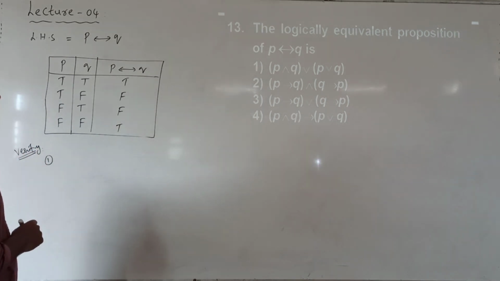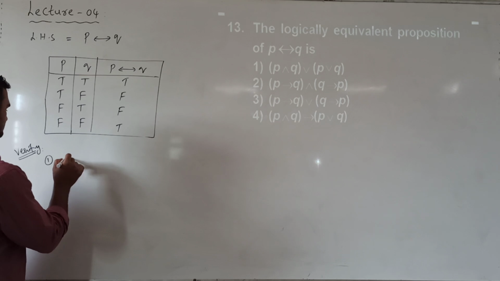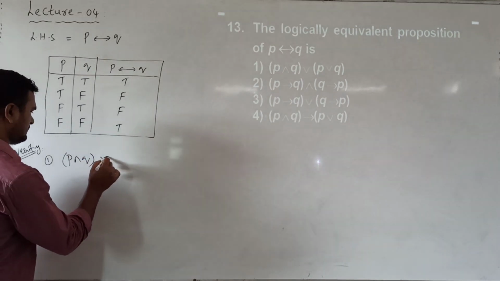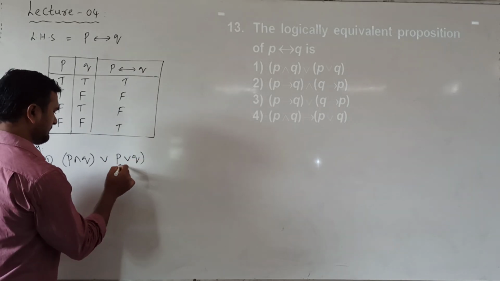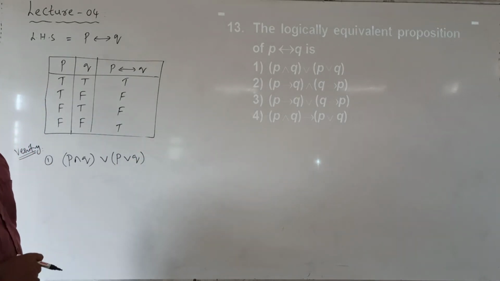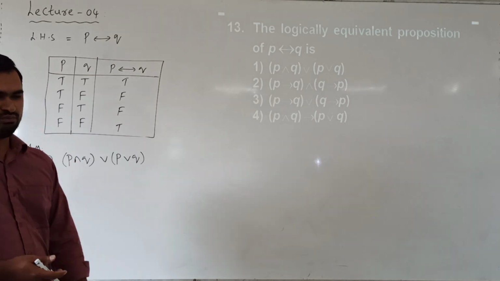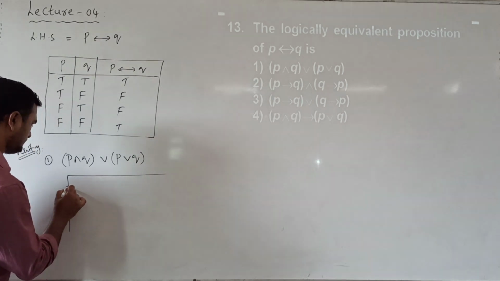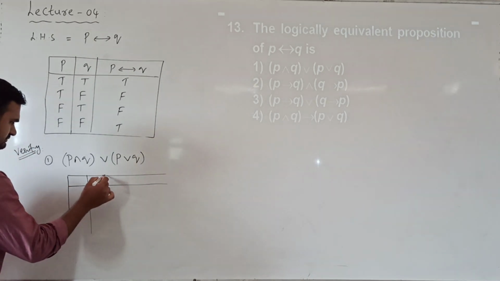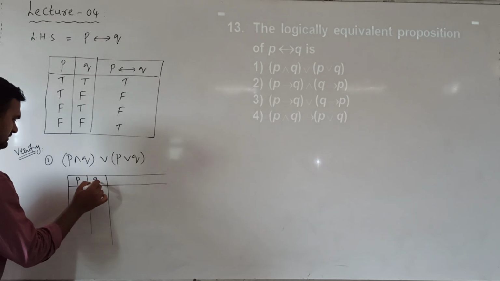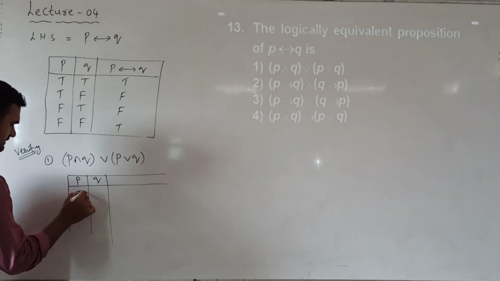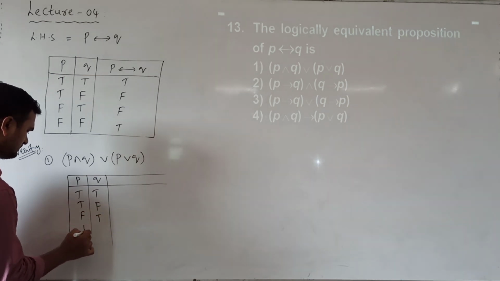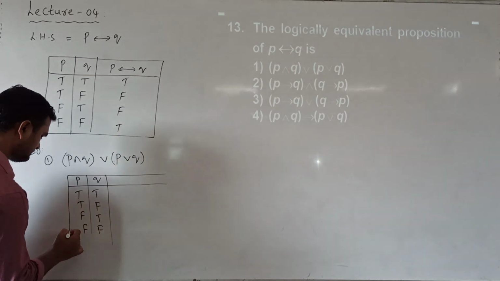See the options. First option: P and Q, or P or Q. So we have two simple statements P, Q, whose truth values can be both true, true false, false true, false false.